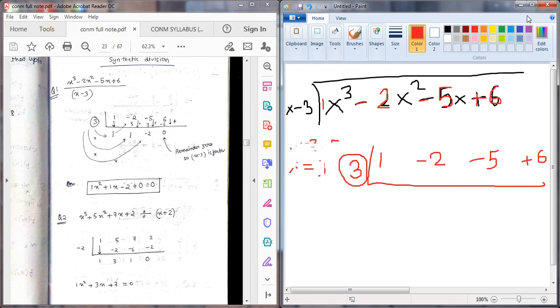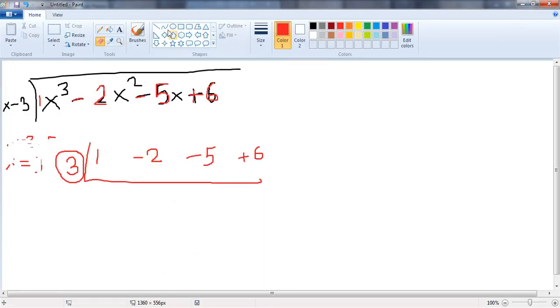Now let's see how to do it. First of all, I am going to bring this 1 down. So I have 1 over here. Now 3 multiplied by 1 will give you 3, so write 3 over here. Now minus 2 plus 3 is 1.